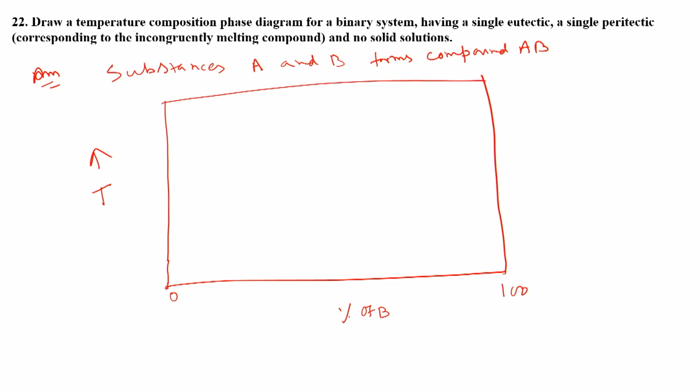So here we get pure A. So here we get 100% A, and percentage of B increases in this direction. So here we get 100% B. Right. Now we draw it, we get like this.